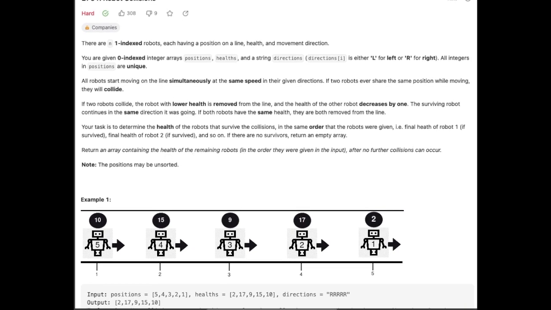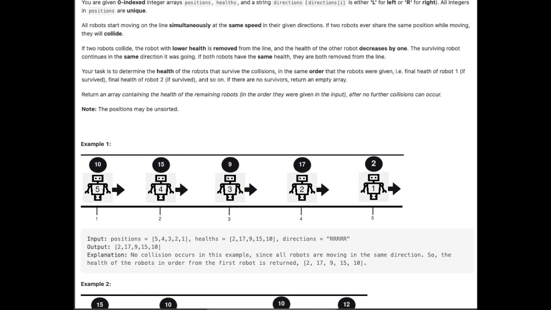Each robot will have a position, each robot will have health, and each robot will have a direction. So let's assume that we have robots of size 5. You can see there are 5 robots here.